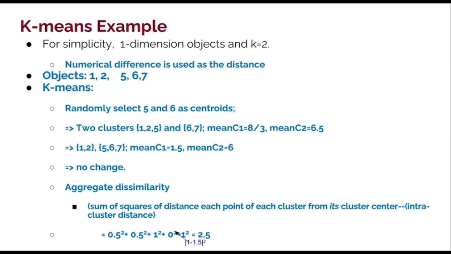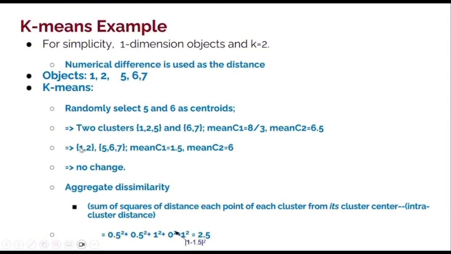That's what we mean. And if you really want to know whether the intra-cluster distance, the distance between objects in the same cluster, is minimized, we can find the sum of squared deviations from the mean.